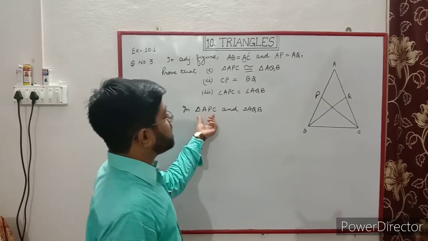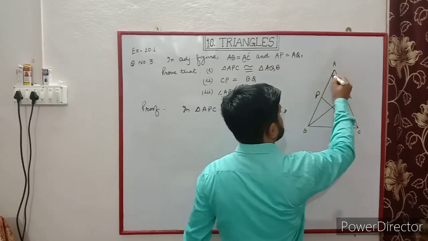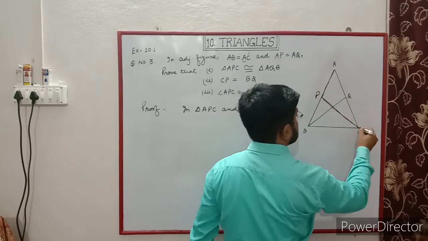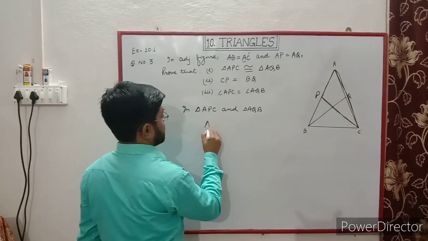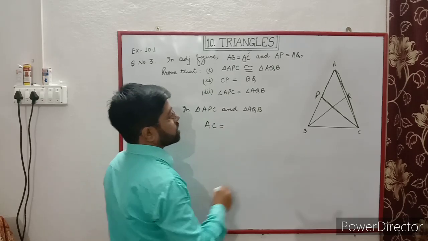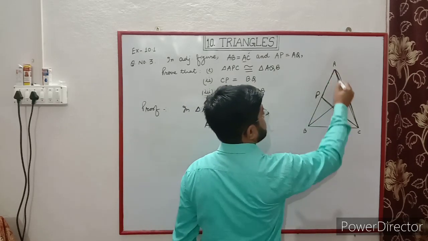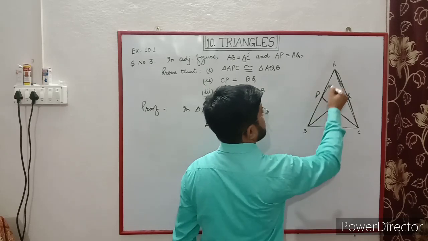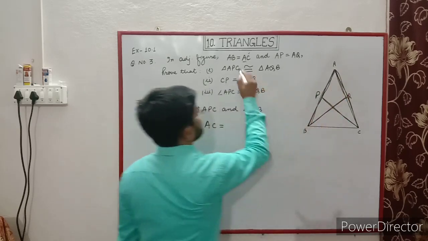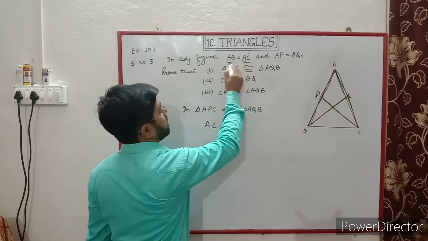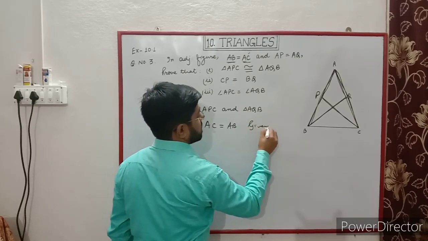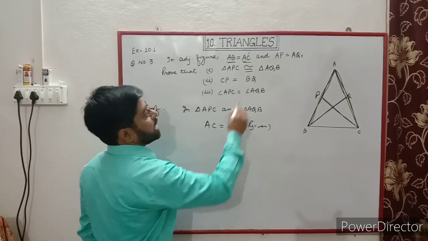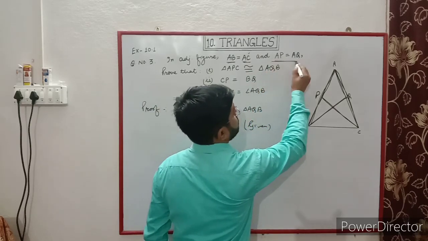From triangle APC, AC is equal to, in triangle AQB, AB. It is given that AC is equal to AB. Now the second, AP is equal to AQ.